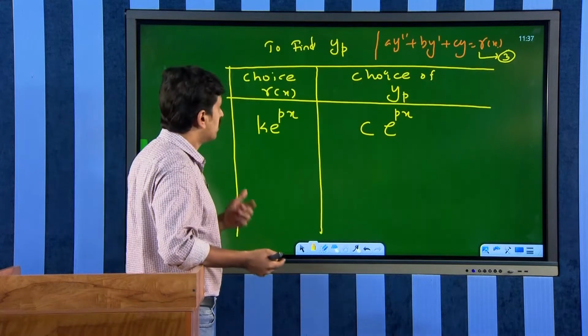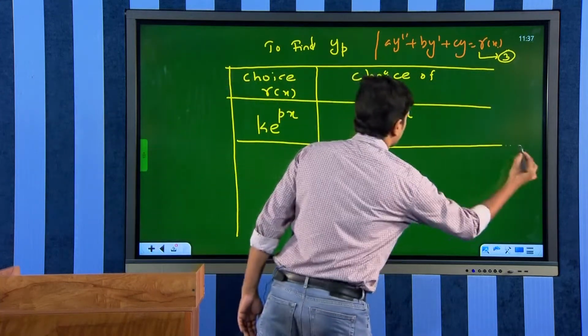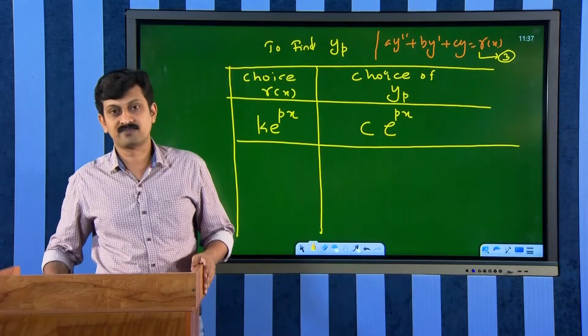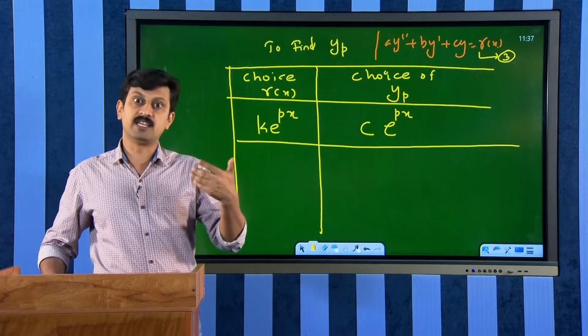See, dear students, maybe they have other choices. Maybe this r of x may be a polynomial, an nth degree polynomial.